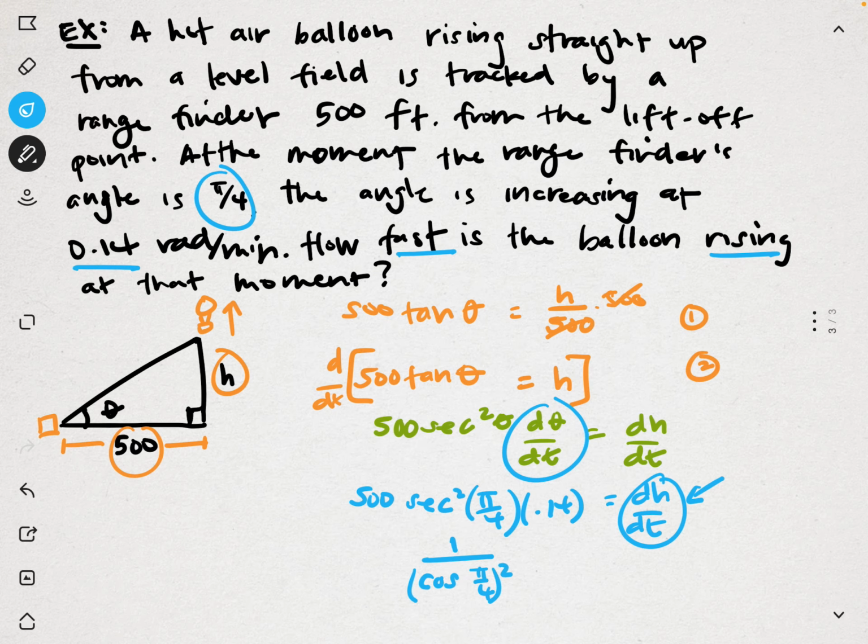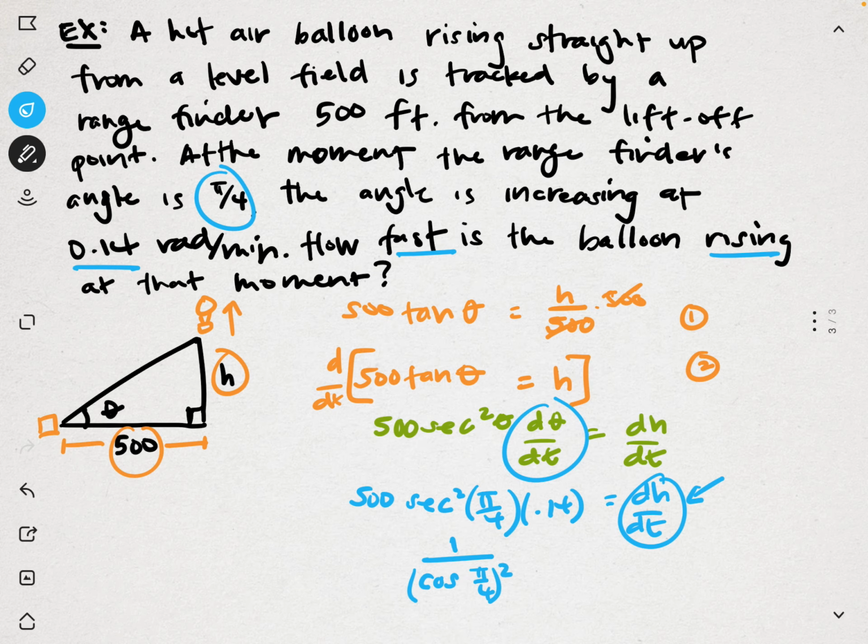So then we get 2. Does that make sense? Cosine of pi over 4 is square root of 2 over 2, squared is going to be square root of 4 over 4, which is 2/4, 1/2. Reciprocal is 2. Okay, excellent.